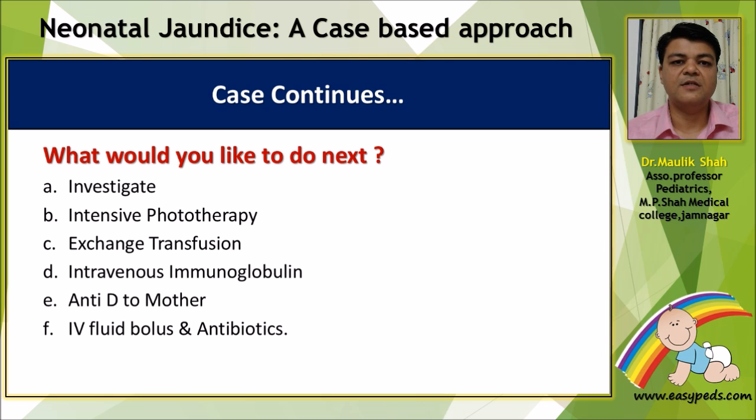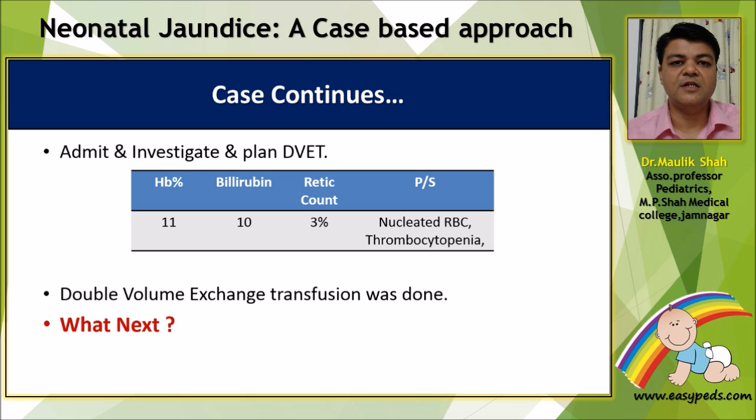So the question arises, what would you like to do next? Would you like to investigate, intensive phototherapy, exchange transfusion, intravenous immunoglobulin, anti-D to mother, or IV fluid bolus and antibiotics to this particular baby? What we did was we admitted and investigated and planned a double volume exchange transfusion.